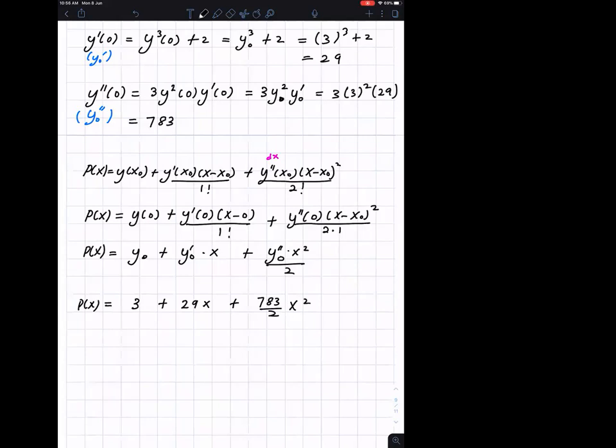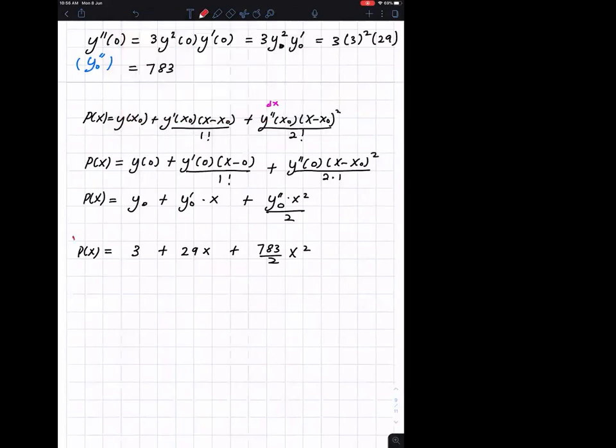Okay, this is the polynomial. Once you have this polynomial, then you're good to go.